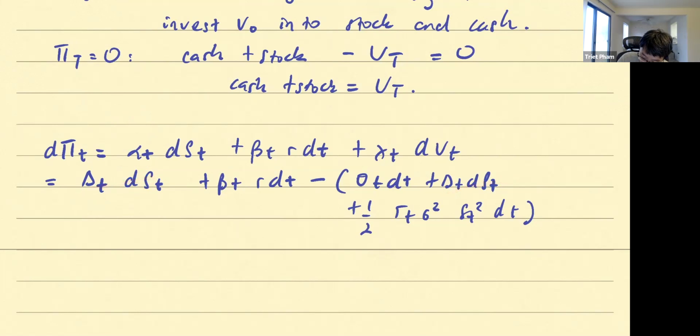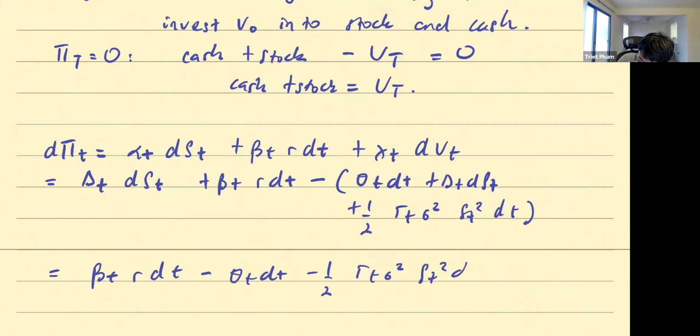So in other words, this will be exactly just pi t, beta t rdt, minus theta t dt, minus 1/2 gamma t sigma square St square dt. Okay.